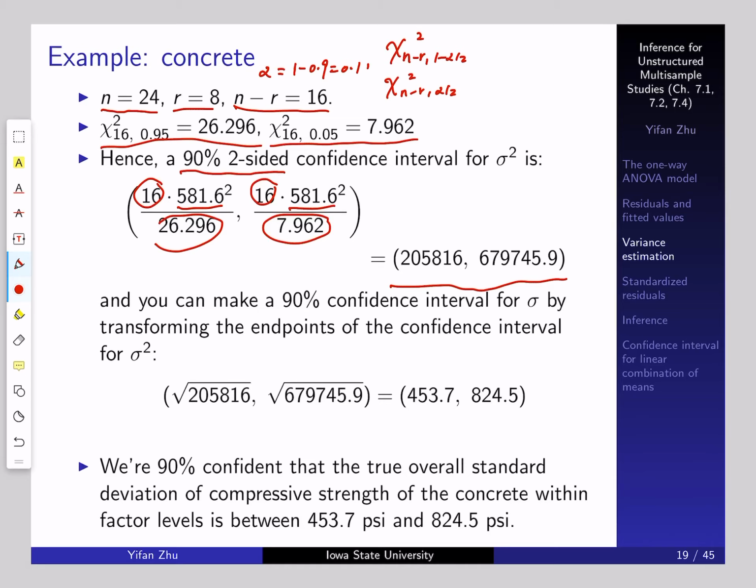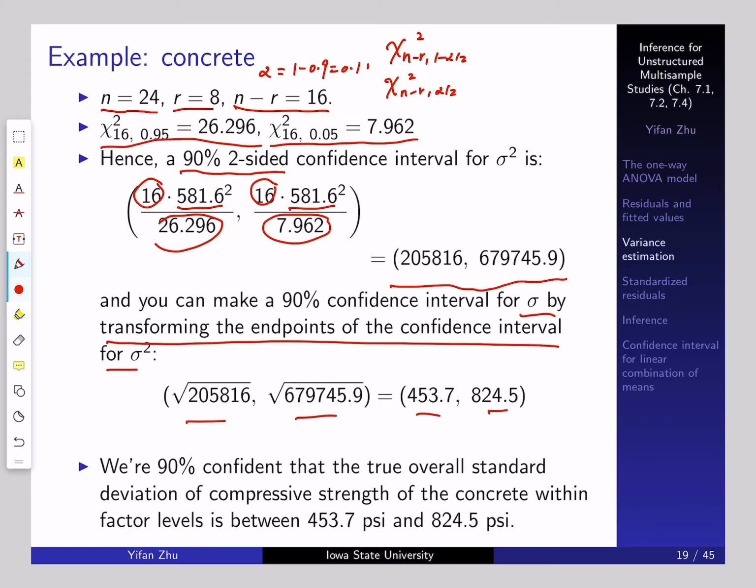The 90% confidence interval for sigma is then obtained by transforming these two endpoints: you take the square root of both, and you get the 90% confidence interval for the standard deviation. So it is from 453.7 to 824.5.